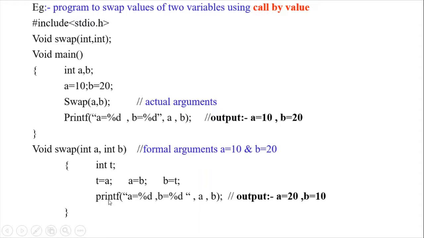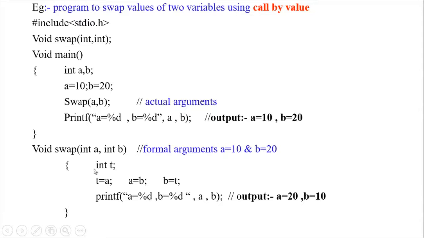Inside the function, if you print a and b, you can see that a is equal to 20 and b is equal to 10. Initially a is equal to 10 and b is equal to 20, but after swapping, a becomes 20 and b becomes 10.